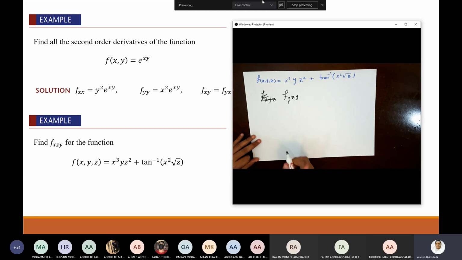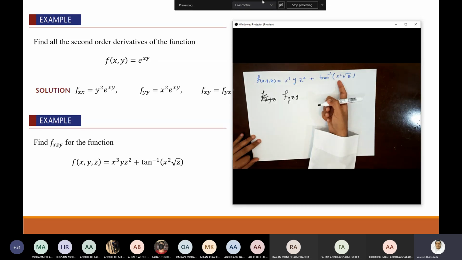اوكي. طيب لما اسوي derivative respect to x يا شباب انا ما عندي مشكله هنا، بس هنا يا شباب you will get something complicated, right? Because the derivative of tan inverse is 1 over something, and then multiplied by square root z, so you get something complicated here.